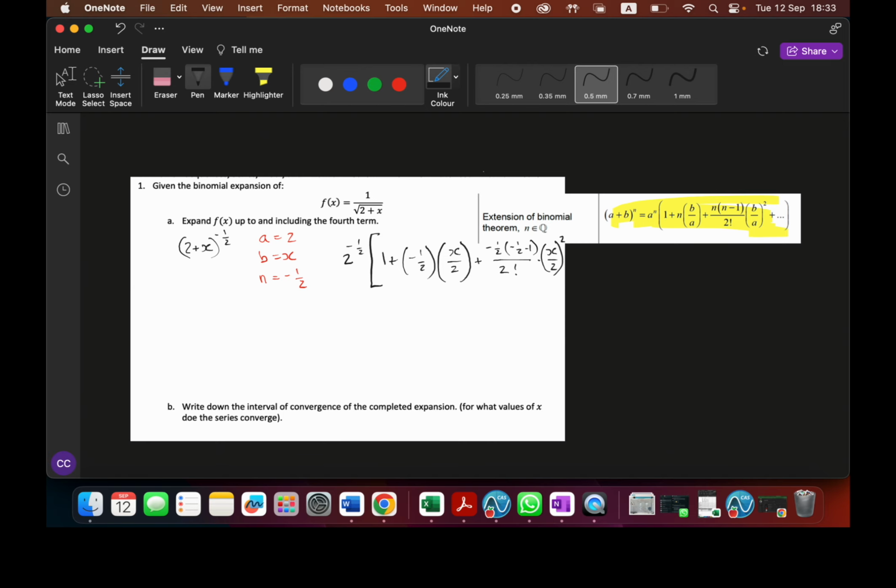raised to the second power. So that's 1, 2, 3 terms. We need one more term to get to our fourth term.